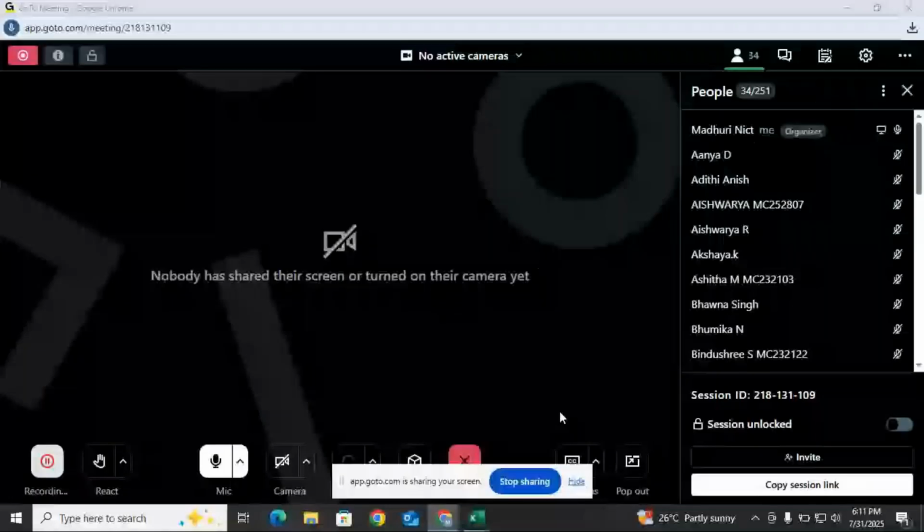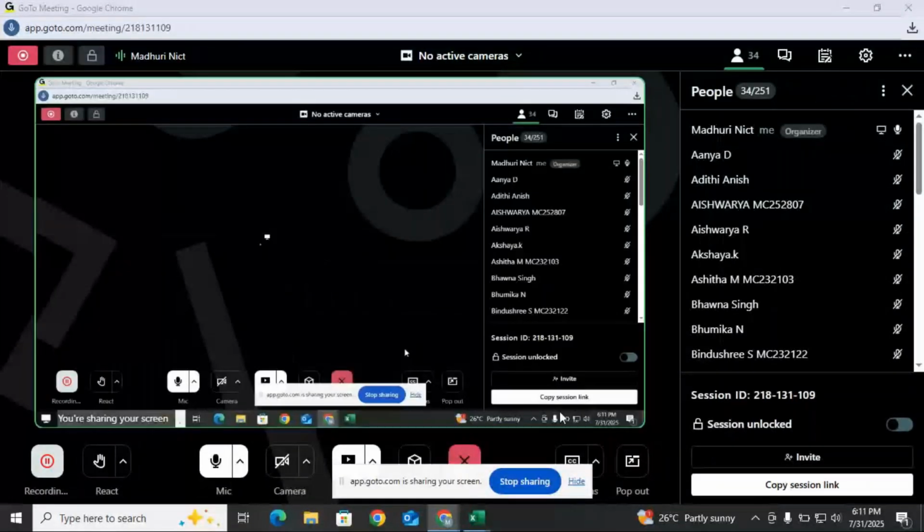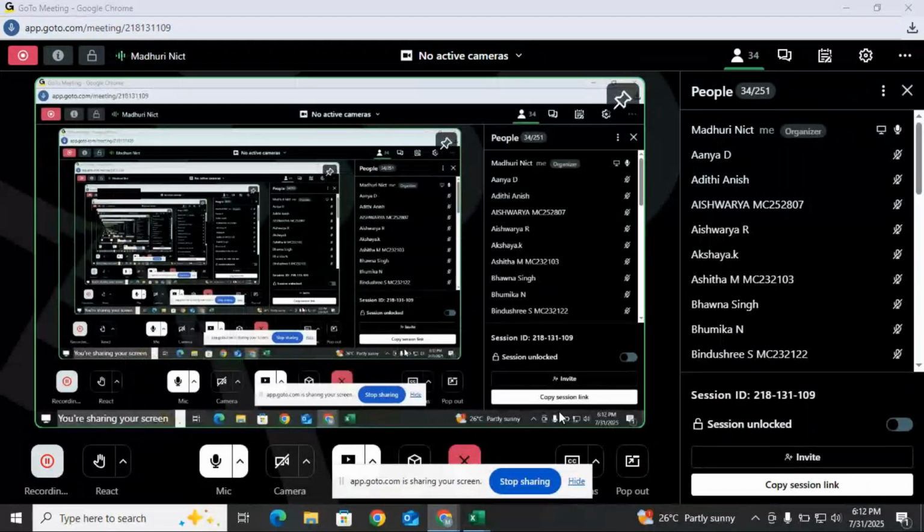I hope yesterday's concepts were clear. So today we'll start off with a debt amortization schedule under time value of money.